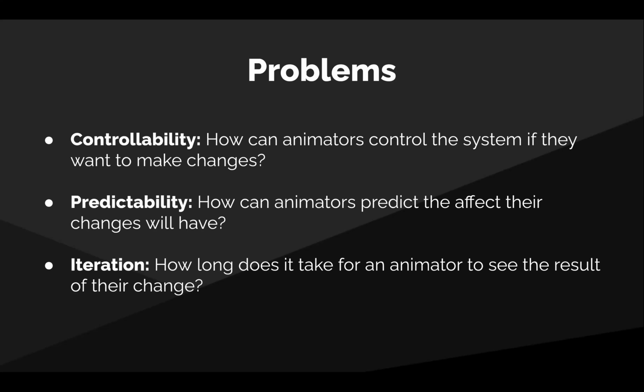If they do tweak these parameters, how can they predict what it's going to do? And what's the iteration time like? Because if you have to retrain the model every time you make a tiny little change, and maybe that retraining takes a night or something, your iteration time is completely destroyed. And if you make a change that you then have to revert, time can just disappear very, very fast.